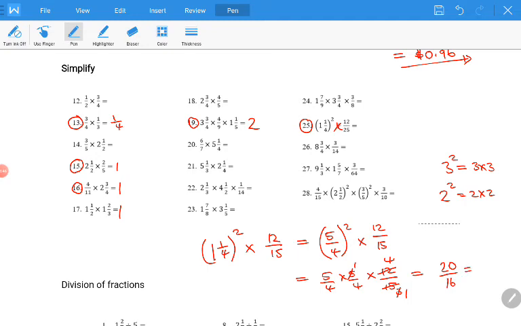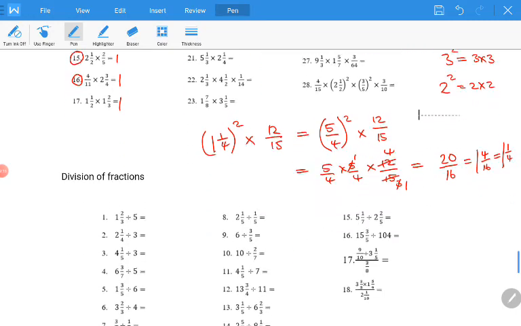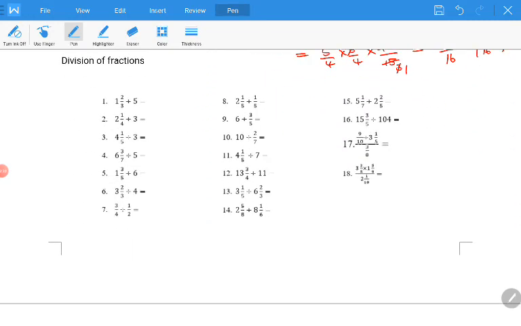So this then reduces to 16 into 20, we get 1, remainder 4 over 16. 4 over 16 in its lowest term, it's 1 and 1 over 4. So the answer here is 1 and 1 over 4. So that's all in dealing with multiplication of fractions.